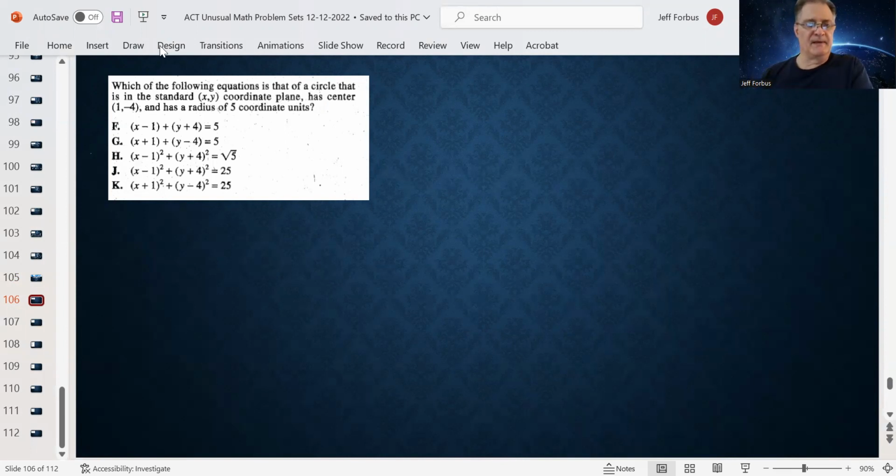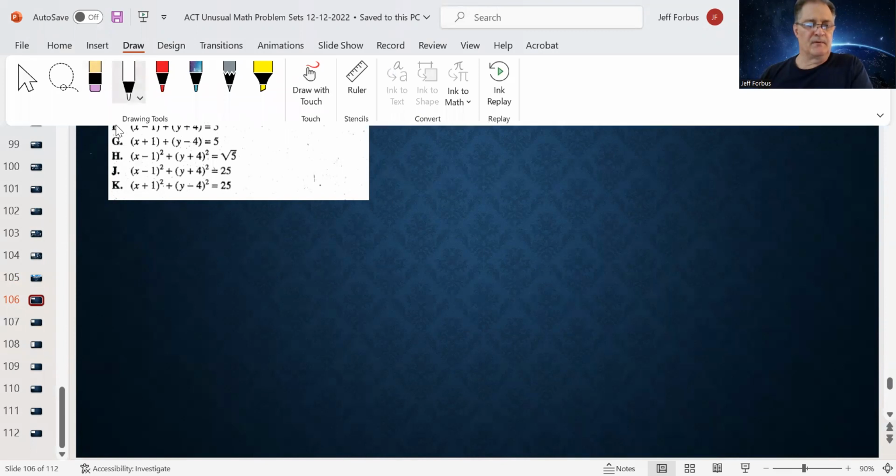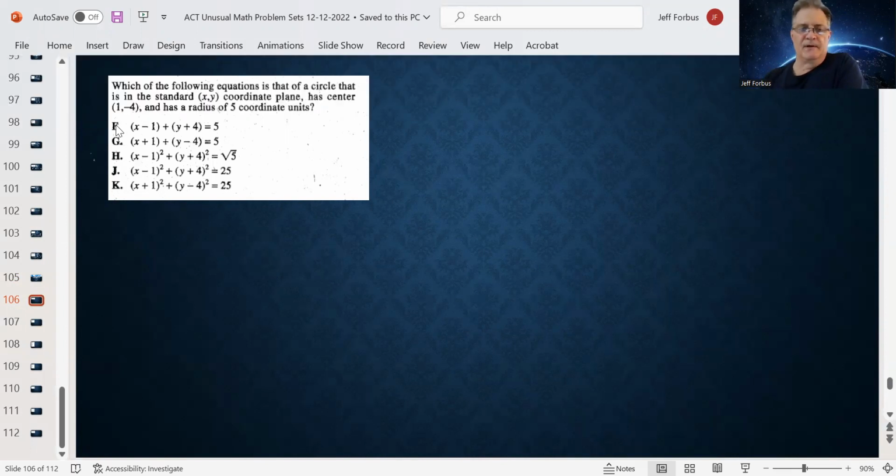Let me get my pen in order here, so I'll make sure I got something to write with. The first thing you need to think about is this standard form of the equation of the circle. (x - h) squared plus (y - k) squared is equal to the radius squared. These answers are in this standard form.